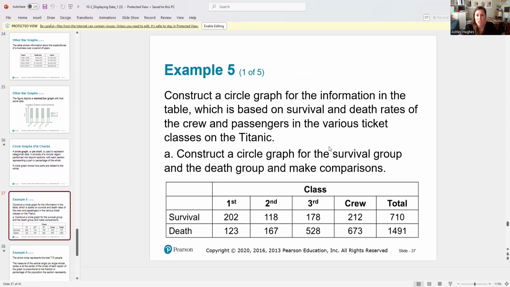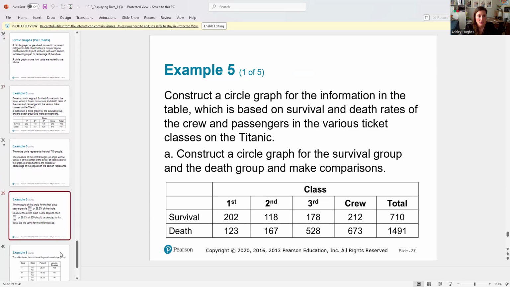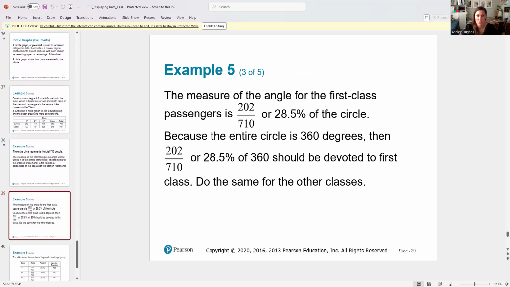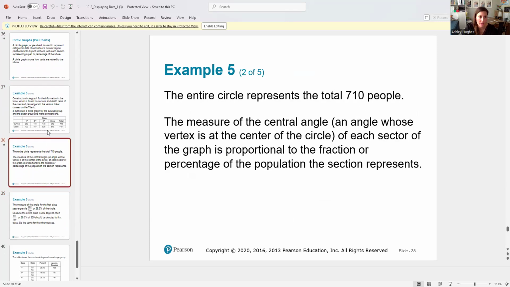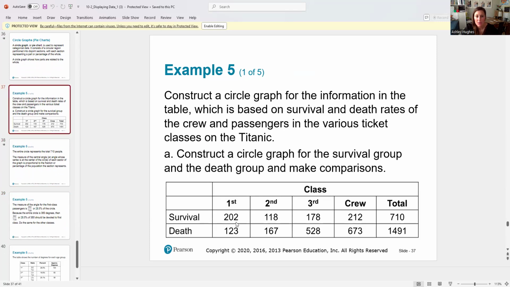This is the census circle graph for the survival group and the death group, to make comparisons. Then it says the measure of the angle for the first class passengers is 202 over 710, or 28.5% of the circle. So let's talk about that. I would need to know the total. So of survival, what is the total?